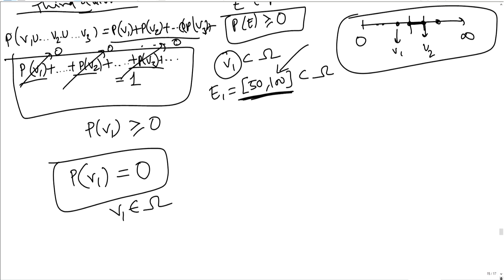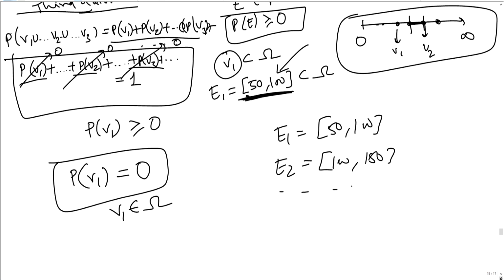Then what would the probability assigner function do? Well, it can still assign probabilities to intervals, another kind of event. So, let us say E1 is the interval between 50 and 100, E2 is an interval between, let us say, 100 and 150, and so on.